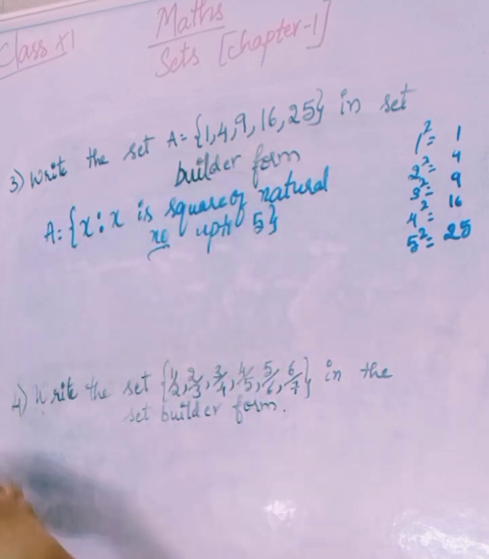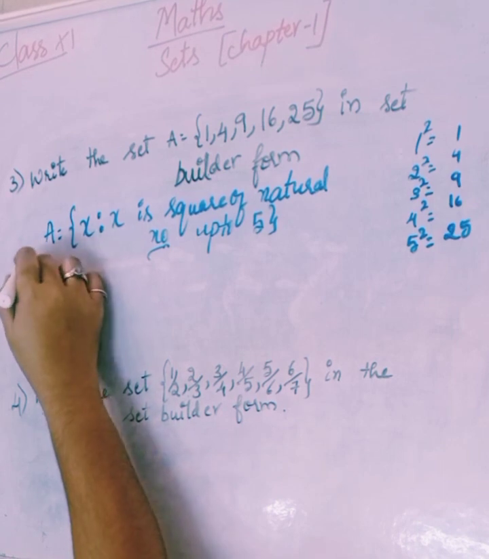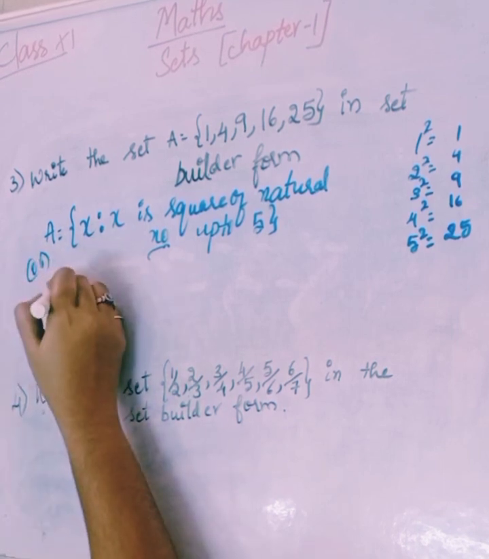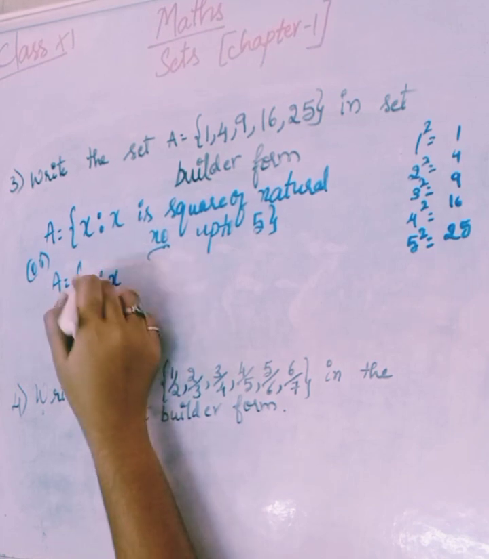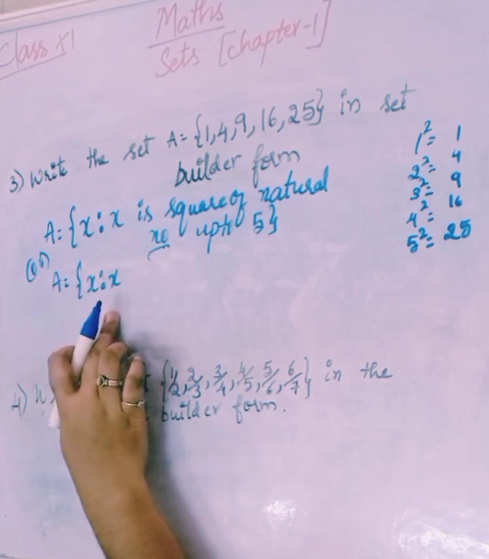This is one way. Next, there is another way also. Another way: A is equal to {x : x is the square of natural numbers smaller than 6}. Every time you need to mention x for the set builder form.